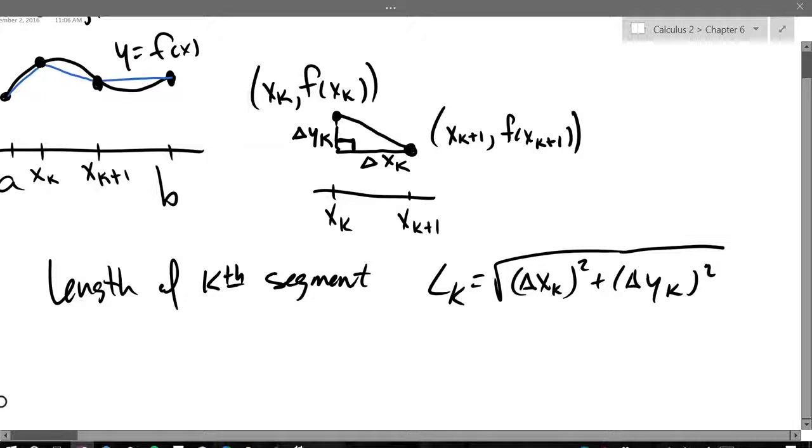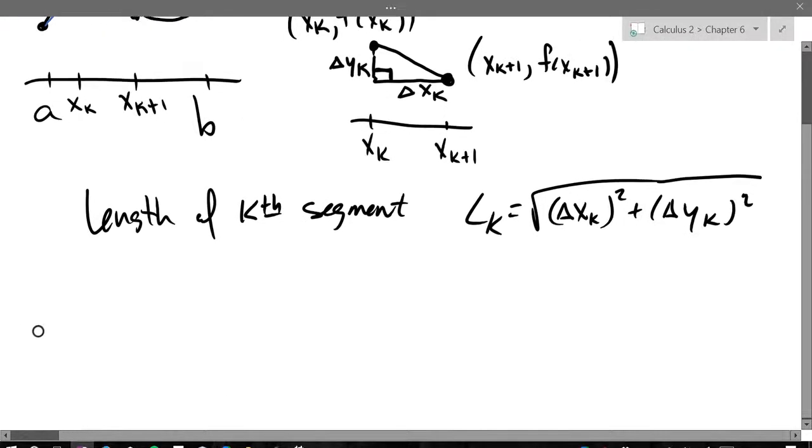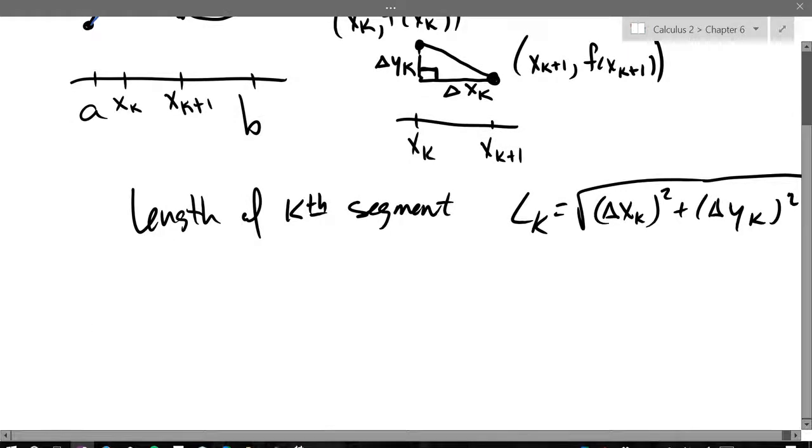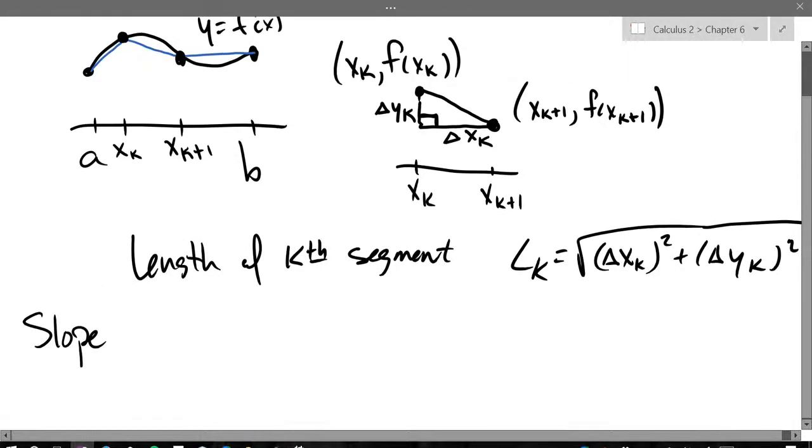And let's go with, so for yk, we're going to use calculus here. So let's do a little work first. We're going to use the slope basically at xk.